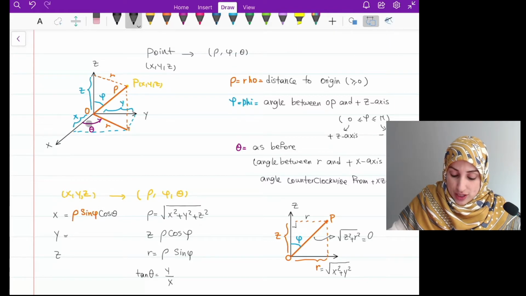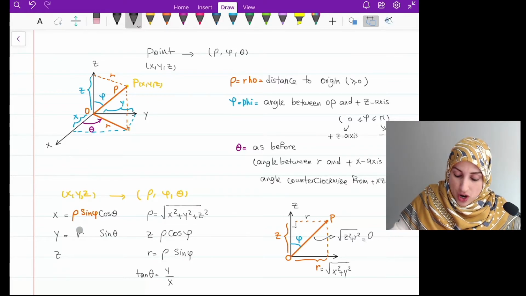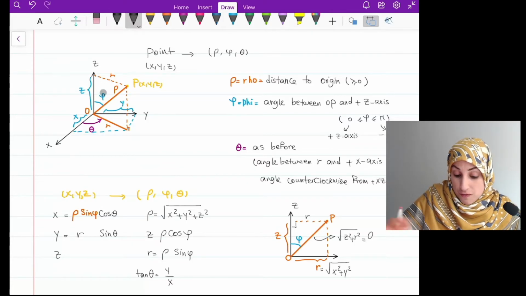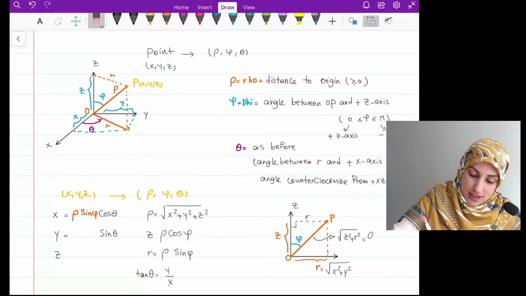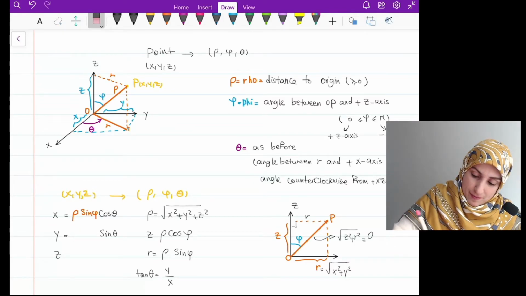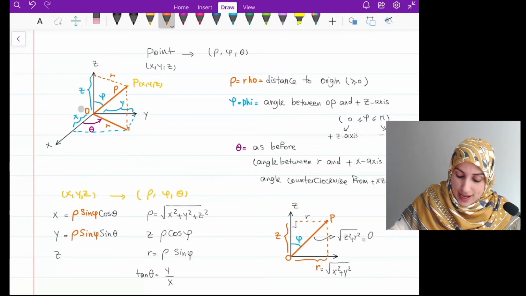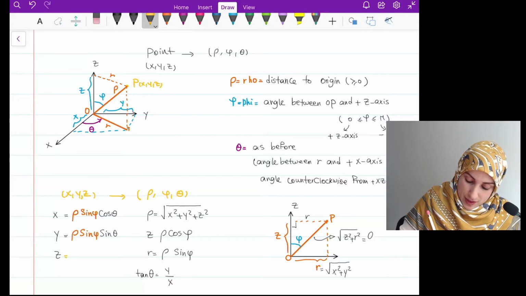So it would be r sine theta, but instead of r, I can use this right triangle with phi, and I'm gonna write rho sine phi. So, rho sine phi sine theta. And looking at z, we had it from before, z is equal to rho cosine of phi.